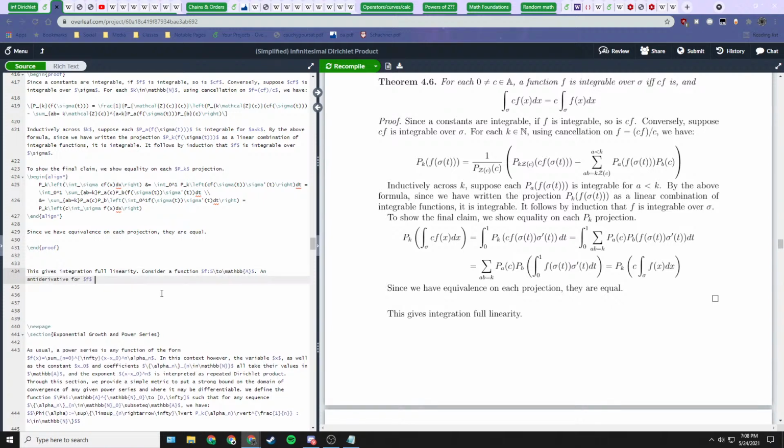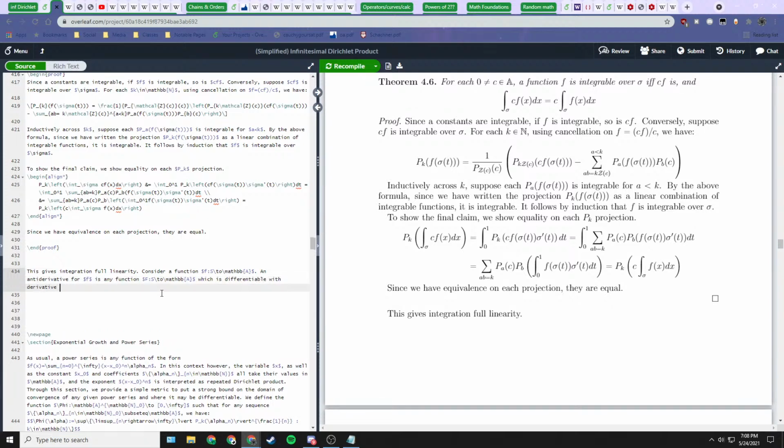An antiderivative for f is any function F, on the same domain, which is differentiable with derivative F prime equals f.